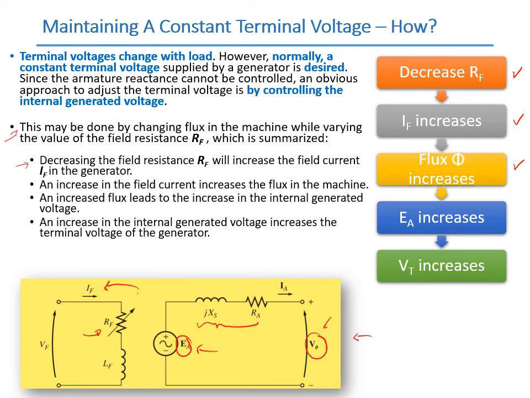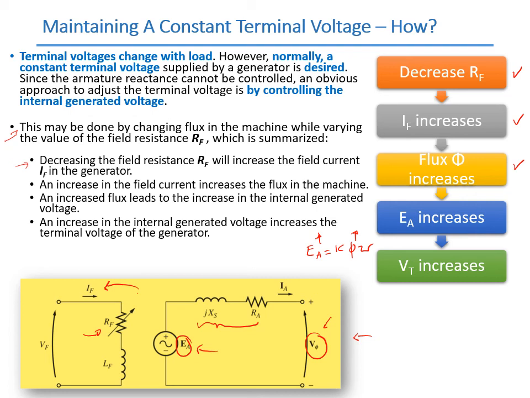Yeah? Because EA, again, you should have remembered this by now. EA equals K pi omega, and again when the pi is increased, EA will also be increased. Yeah? And then the increase in the internal generated voltage will also increase the terminal voltage of the generator.